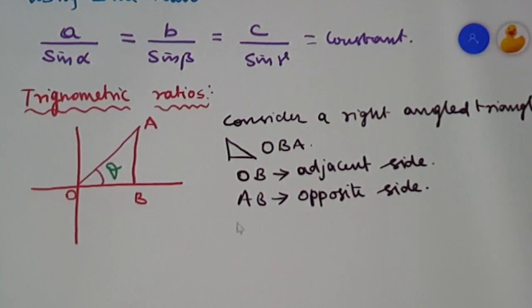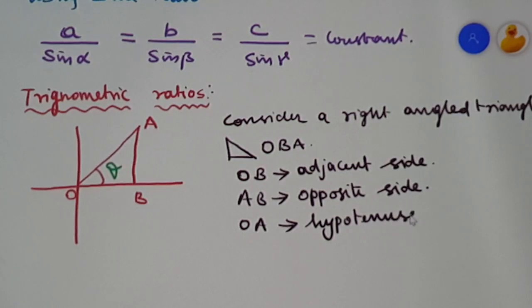Then we have the side OA, which I can say is the hypotenuse. So in this right angle triangle, I have three sides: one is the adjacent side to theta, another is the opposite side to theta, and the longest side I am considering as the hypotenuse.